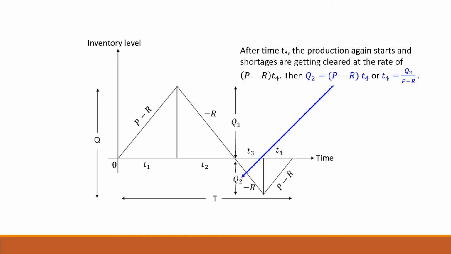So Q2 is equal to (P minus R) into T4. Equivalently, T4 is equal to Q2 upon (P minus R).